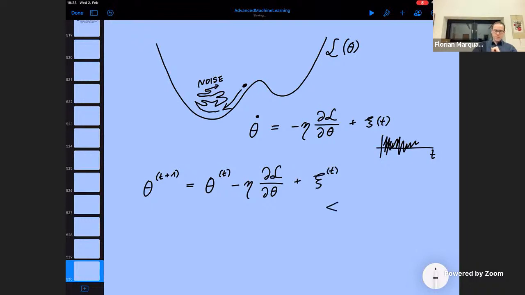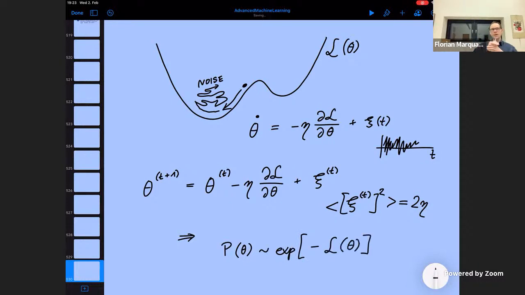If I now have my noise being independent at different times, so that's white noise, and the variance at a given time is 2 times eta, then the result will be that if you run this process long enough and you look at theta, where it ends up, and you tabulate it, so to speak, if you figure out the theta distribution, it turns out to be simply a Boltzmann distribution, and it's the Boltzmann distribution for this loss function that plays the role of a potential.